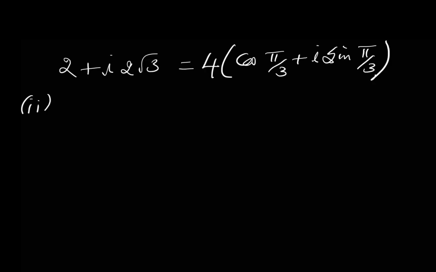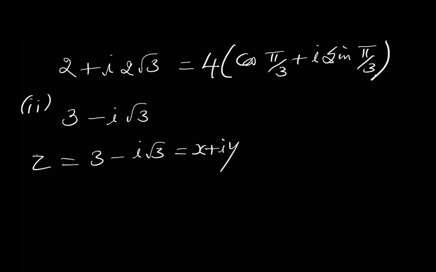Let me do the second sum, 3 minus i root 3. Take this complex number, so z is equal to 3 minus i root 3. That is x plus iy. First let us find the position of this point.